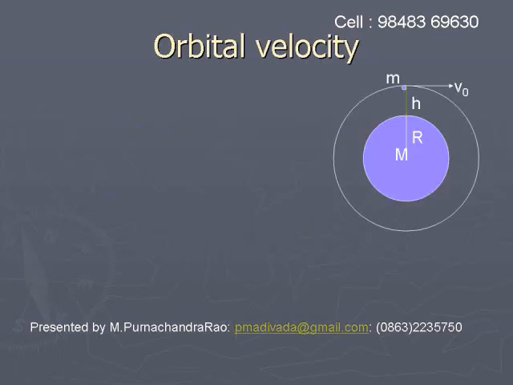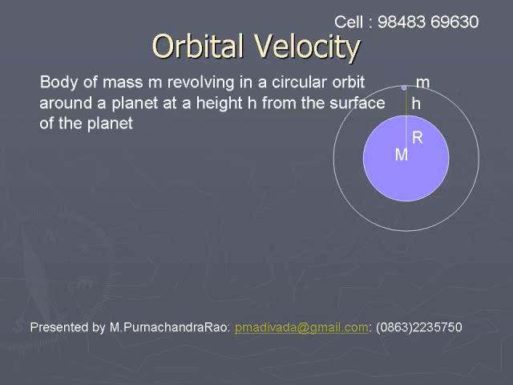Consider a body of mass small m revolving in a circular orbit around a planet with a velocity v0 at a height h from the surface of the planet. Let R be the radius of the planet and capital M its mass.